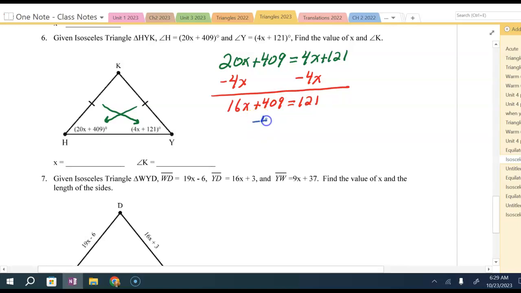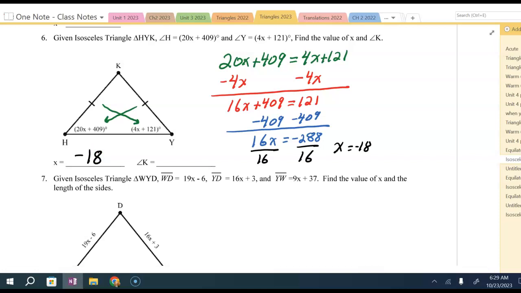Then I'll subtract 409 from both sides. Using my calculator, I get 16x is negative 288. Divide by 16. And x is negative 18.